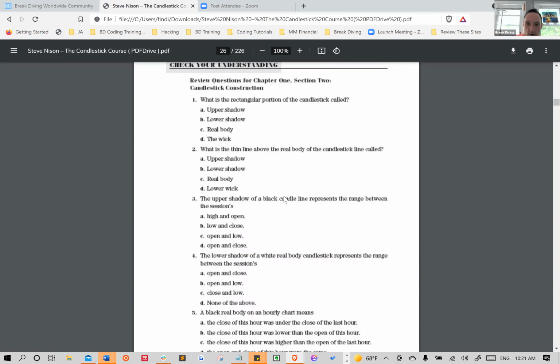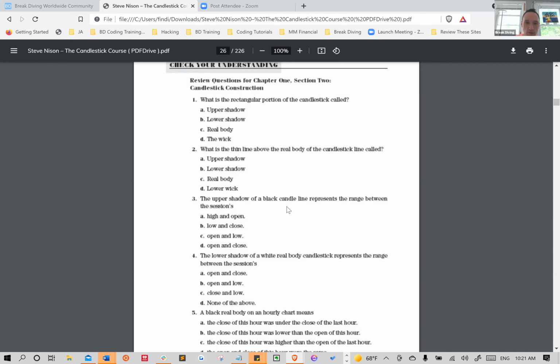The upper shadow of a black candlestick represents the range between the sessions. Wait, if it's a black candlestick, that means it opened high and closed low.